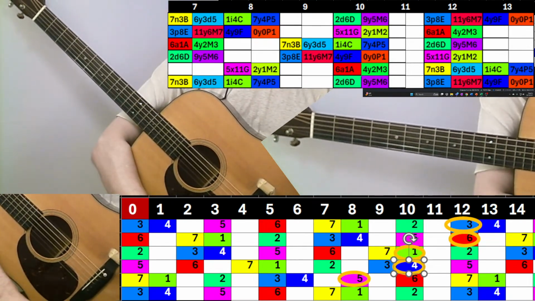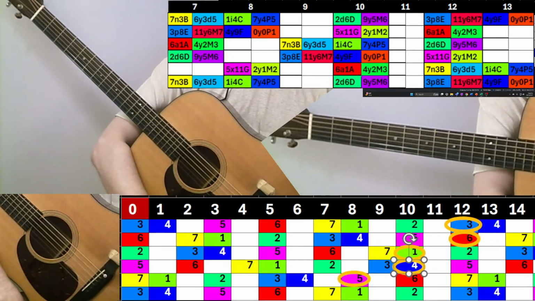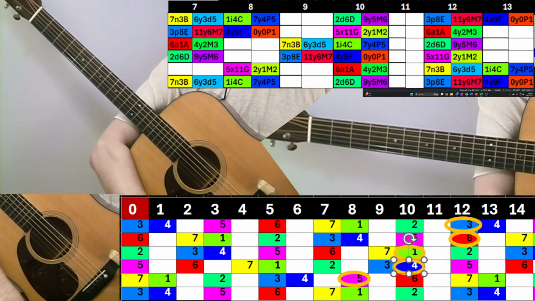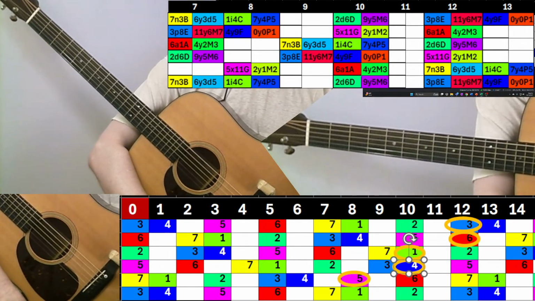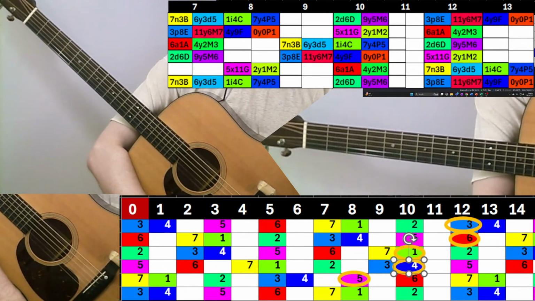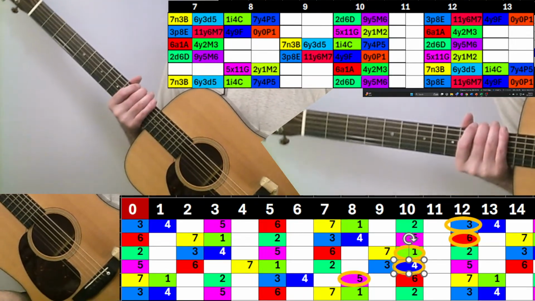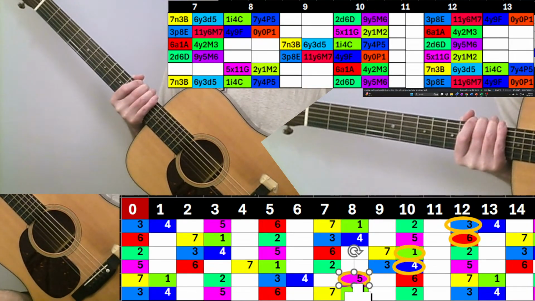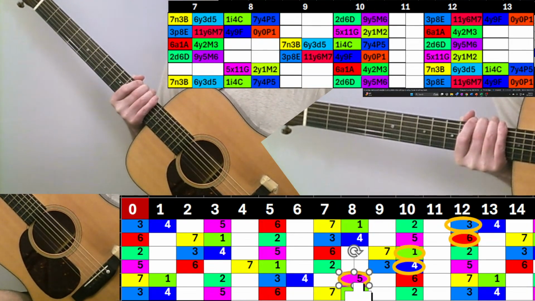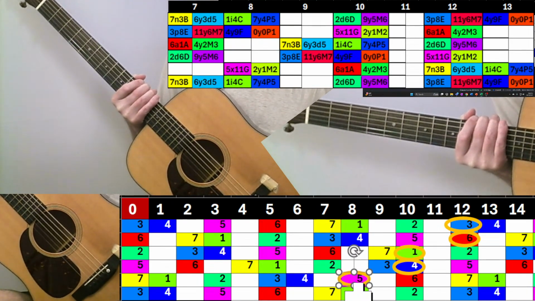So I'd rather call it like a 5-note Nashville number 4 chord, or a 5-note Lydian chord, or I'd rather call it a Nashville number 4 or Lydian 8 modal half step chord, because it takes 8 modal half steps to get to that end point, or 8 divided by 2 would be 4 modal whole steps.